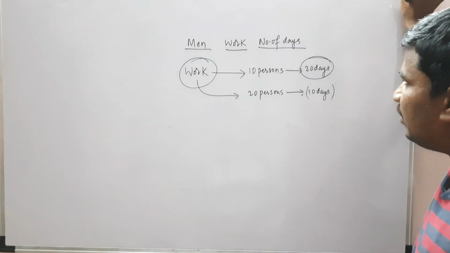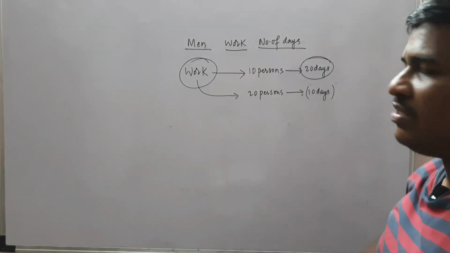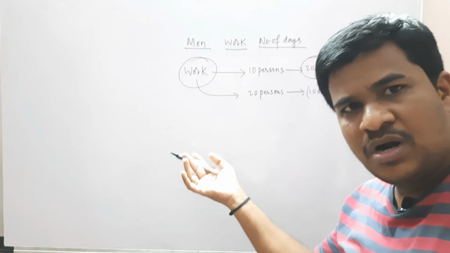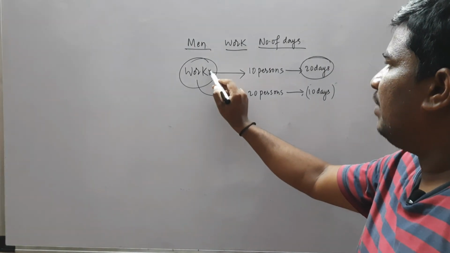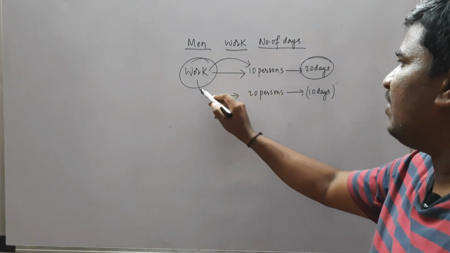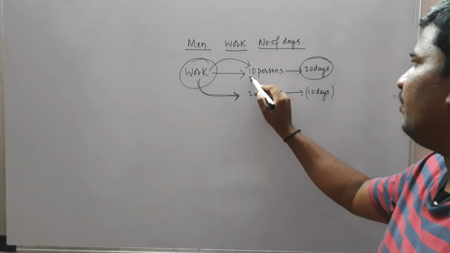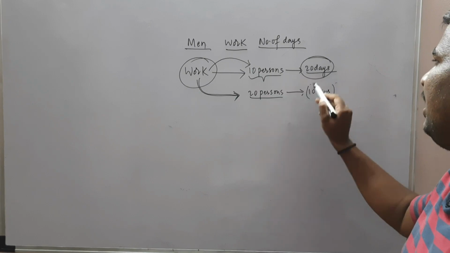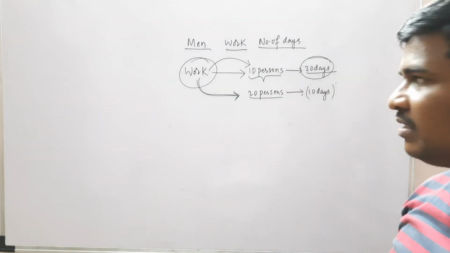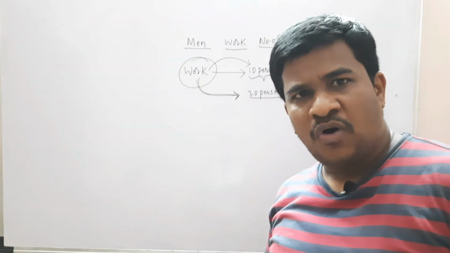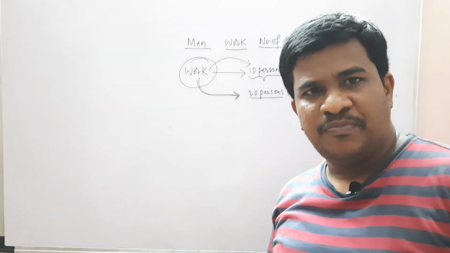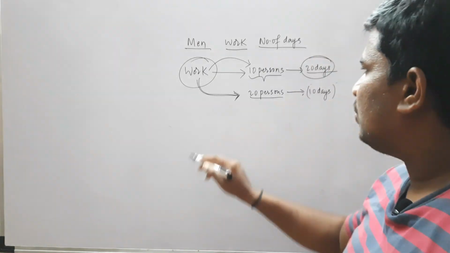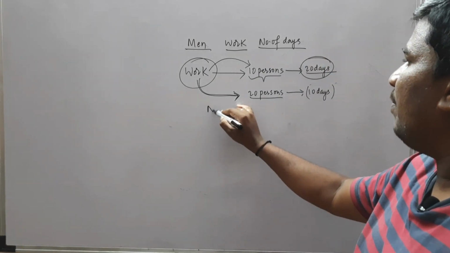Okay, so work is constant. I mean, the assigned work is constant because a particular work is assigned to 10 persons, the same work is assigned to 20 persons. When 10 persons are completing in 20 days, 20 persons will definitely be completing in 10 days. Because when more number of men are involved, definitely the work will be completed early.